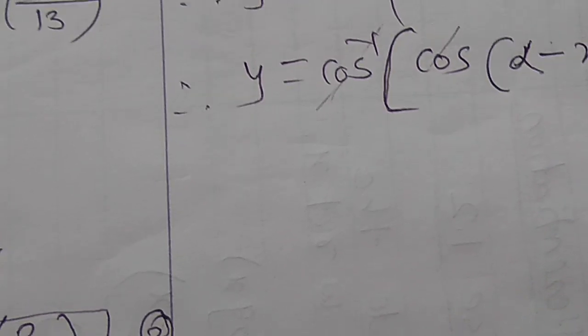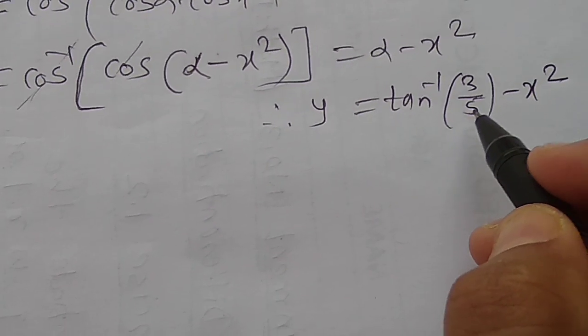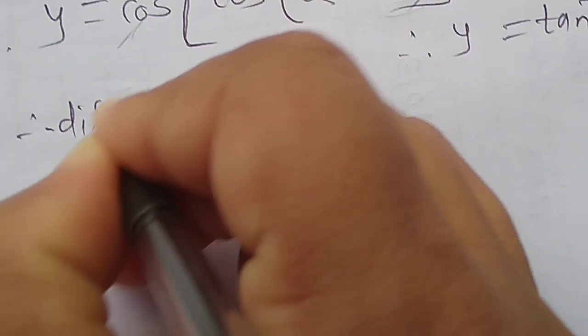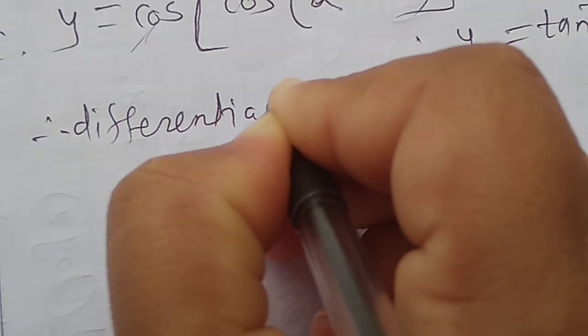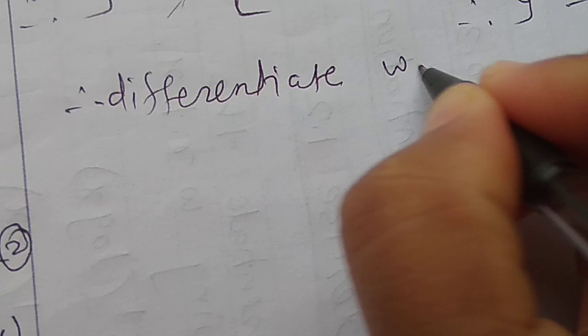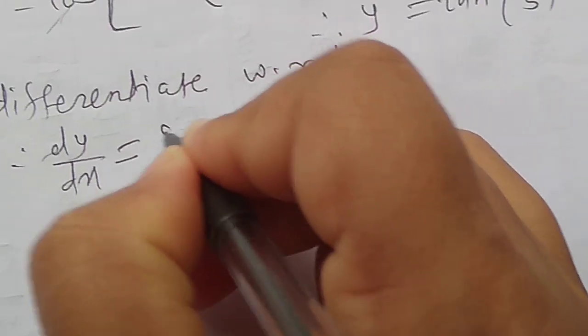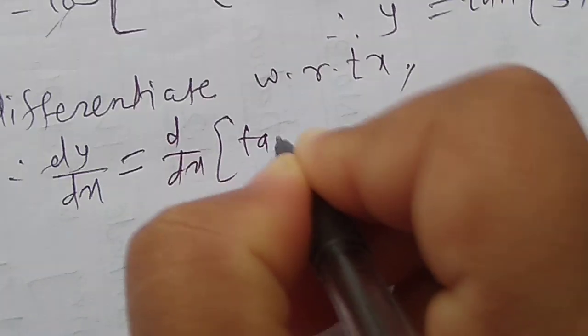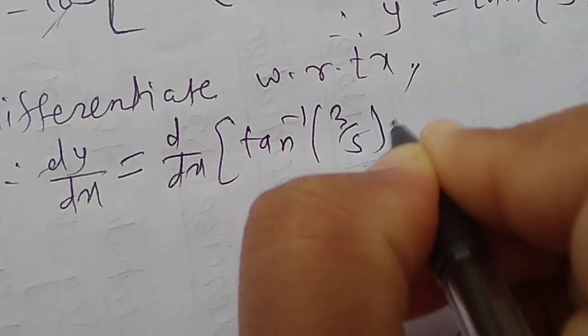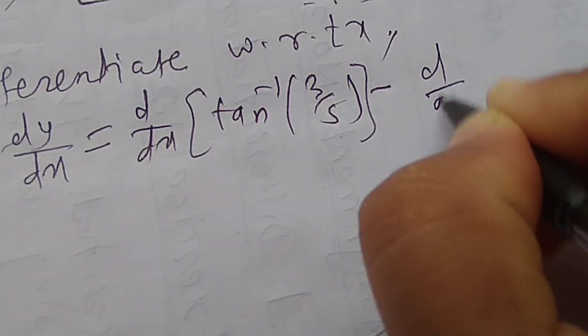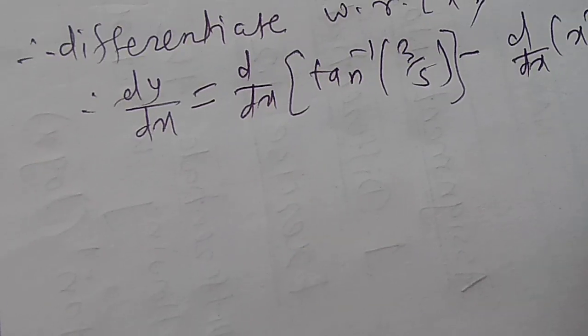So y is a function which is given in tan inverse of 3 upon 4, which is a constant, minus x square. So y is a function which is given in x variable. Therefore differentiate y with respect to x. Therefore dy by dx is equal to d by dx of tan inverse of 3 upon 4 minus d by dx of x square.